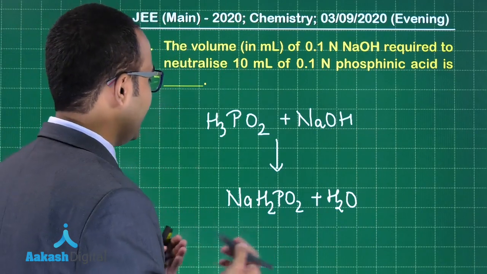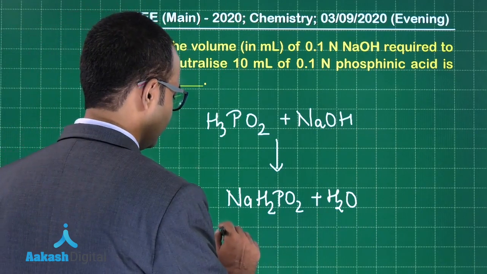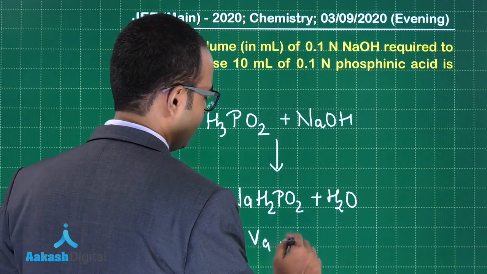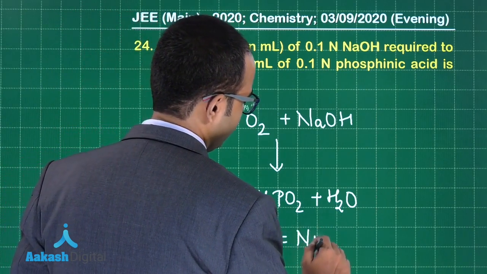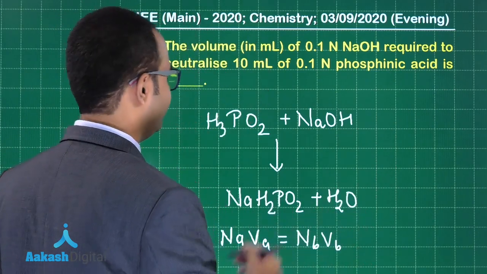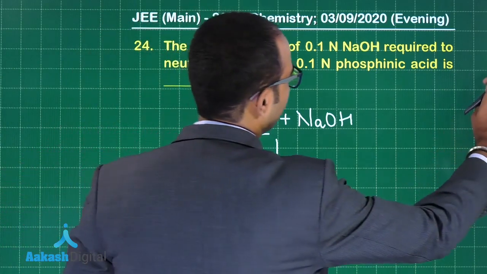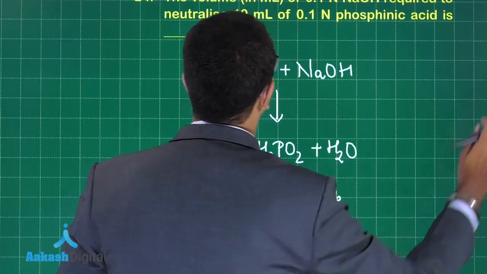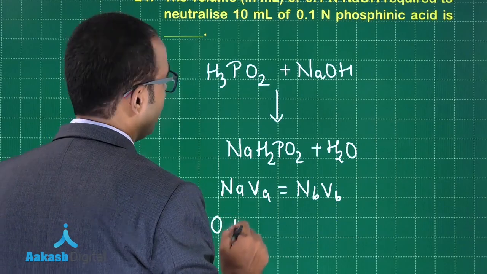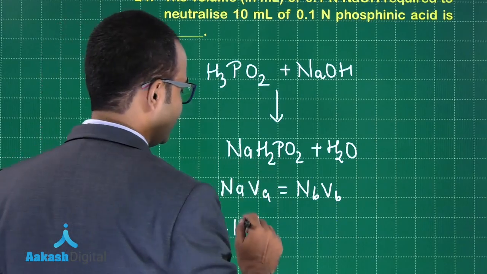So what we'll apply? We'll apply NaVa is equal to NbVb. So what is the normality of phosphinic acid? Normality of phosphinic acid is 0.1. Okay, what is the volume of phosphinic acid?